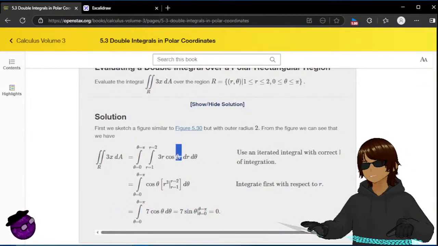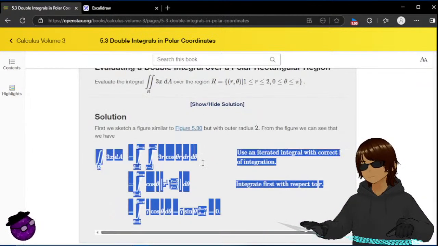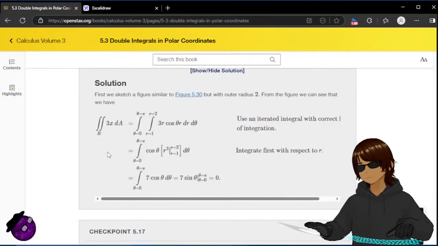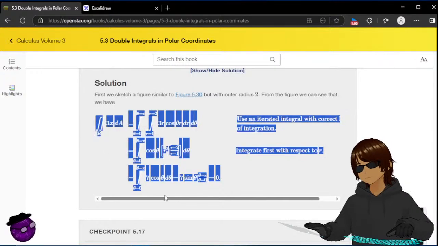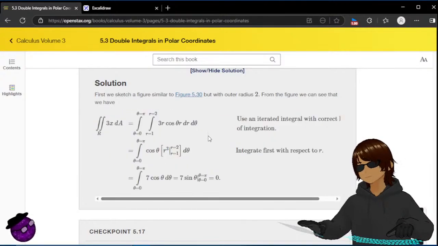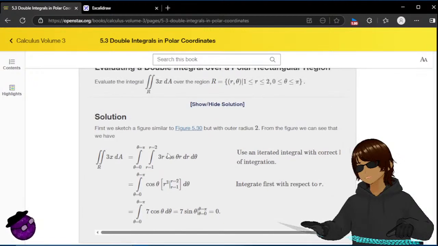So the thing is, why r over here? 3r cos theta r.